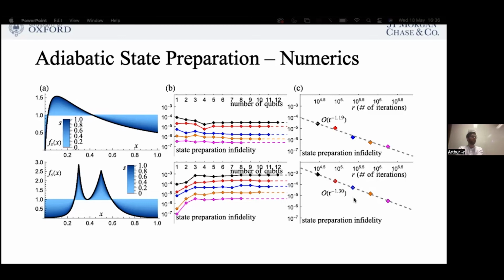So I suspect that the bound you would find is actually inversely linear in R, because the square root comes from the adiabatic discretization error, and that's a very, very loose bound. There are more sophisticated techniques that could give you tighter adiabatic error bounds. When you do that, I think the dominant error comes from the simulation error, which is inversely linear in R, rather than the adiabatic error.